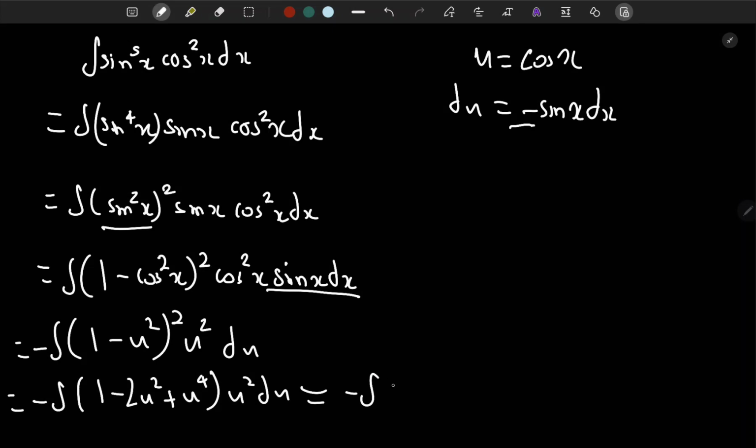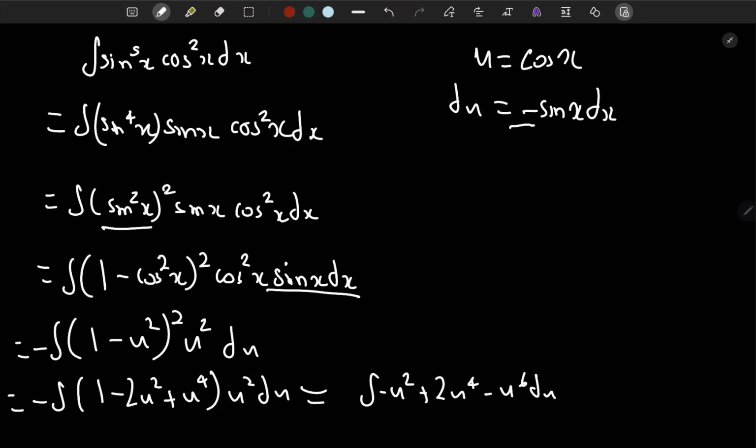Minus the integral of 1 times u squared is u squared, minus 2u squared times u squared is minus 2u to the power of 4, and u to the power of 4 times u squared is u to the power of 6, du. Now we can take the minus sign into our integral, so it's going to be minus u squared plus 2u to the power of 4 minus u to the power of 6.